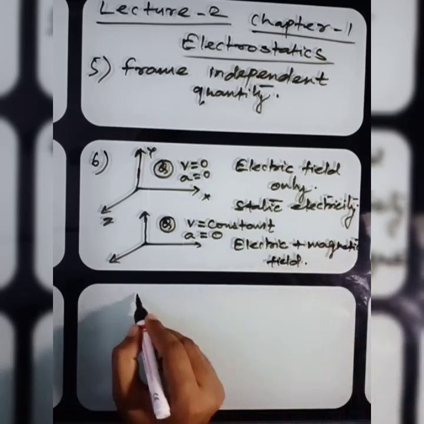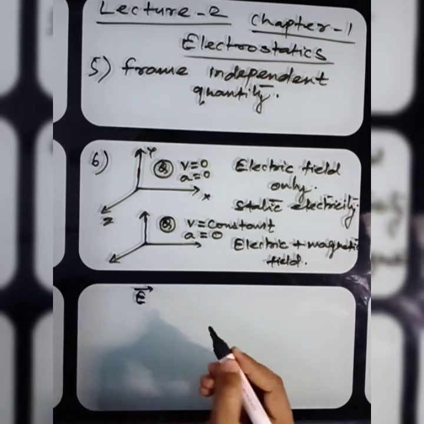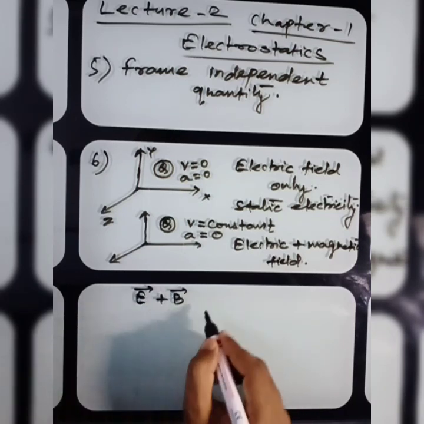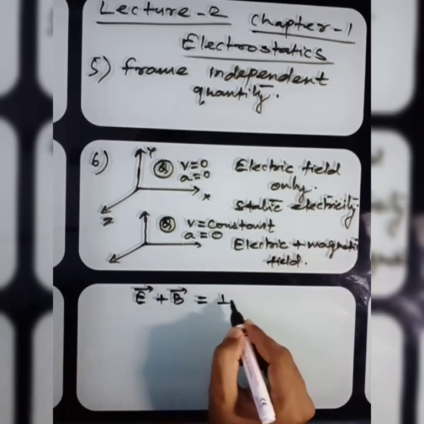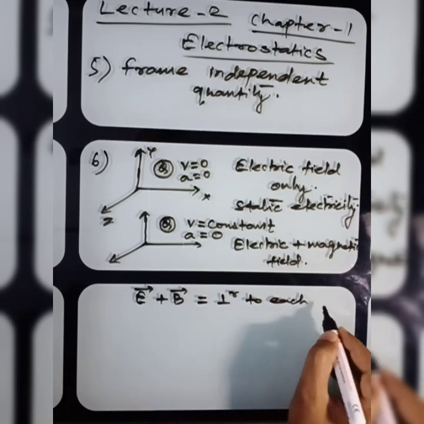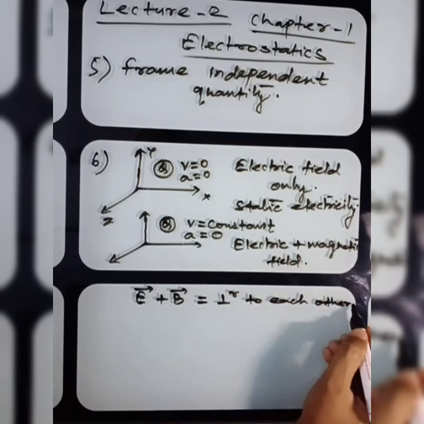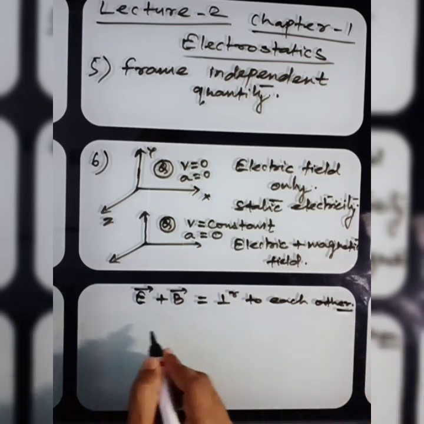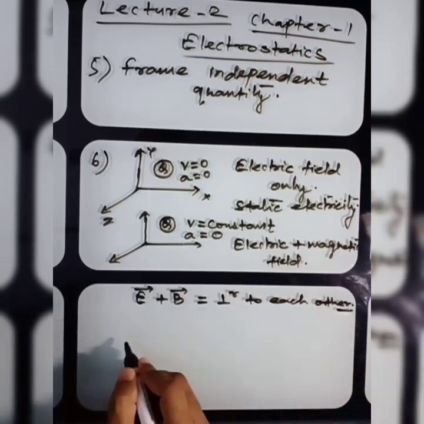Electric field, that is the vector quantity E, plus magnetic field, that is B, both are perpendicular to each other. In detail, you will study in the electromagnetic wave chapter how this can be generalized and considered.